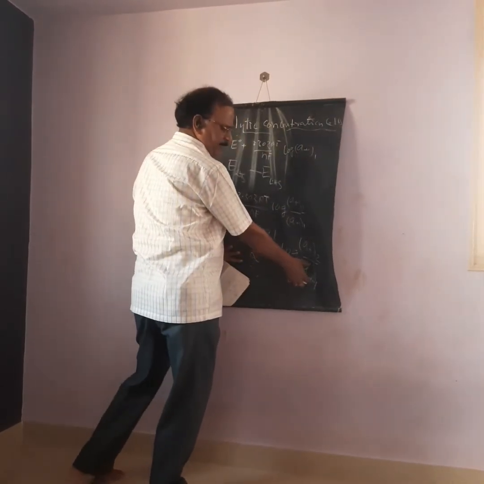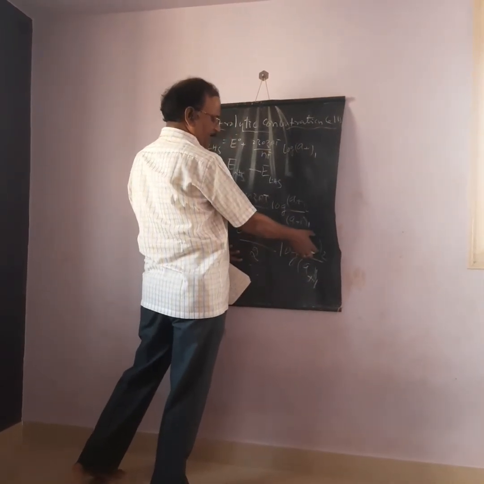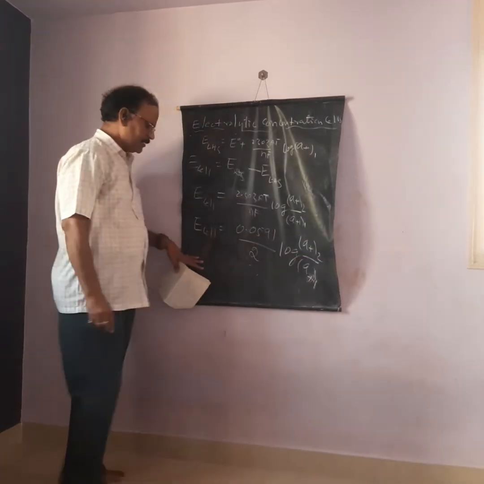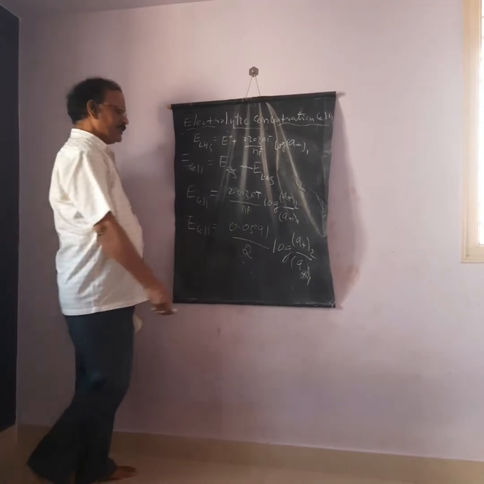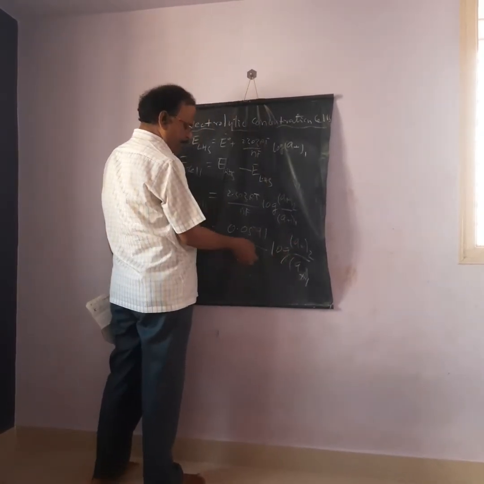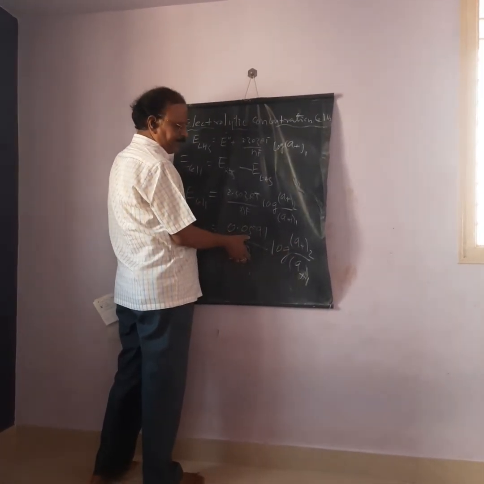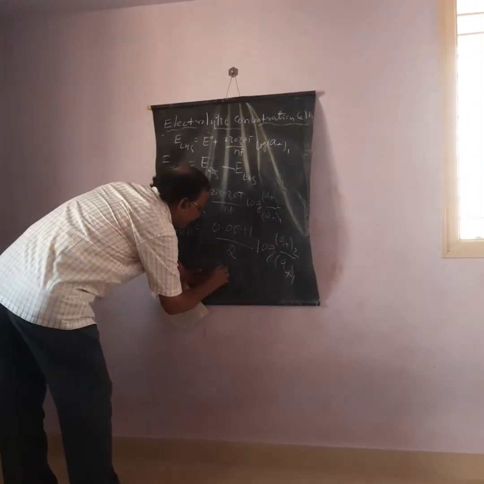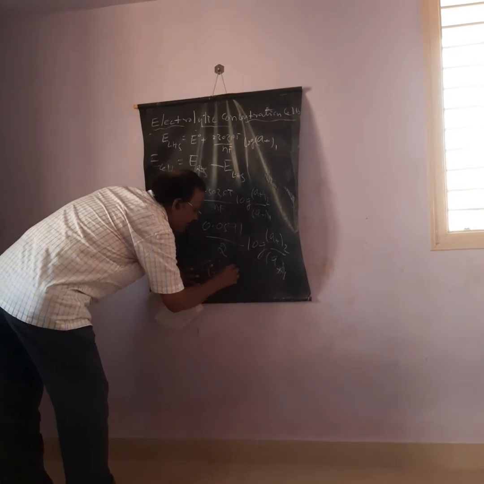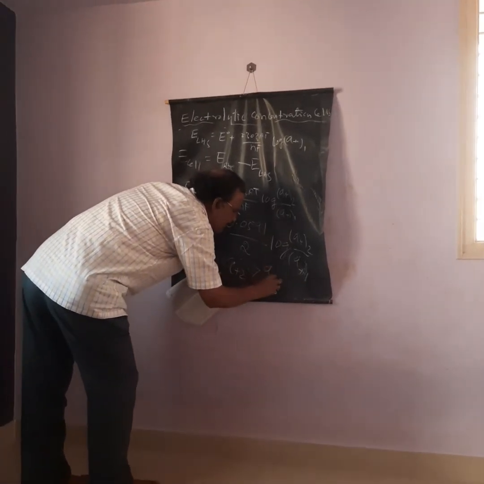So it is the activity of zinc at the left hand side electrode and the activity of zinc at the right hand side electrode. This is the equation. For the EMF to be positive, A2+ must be greater than A1+.